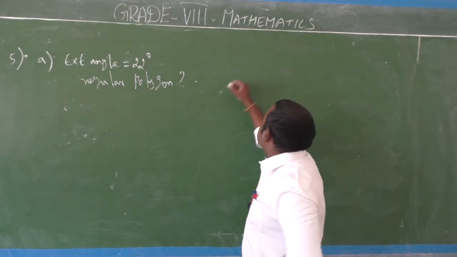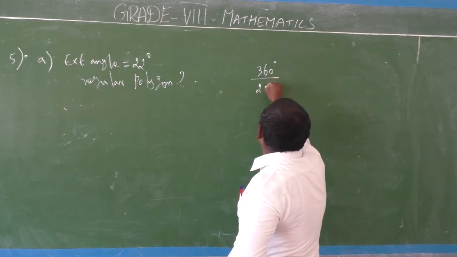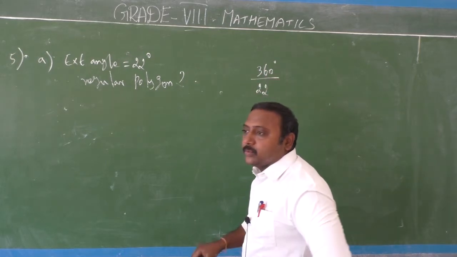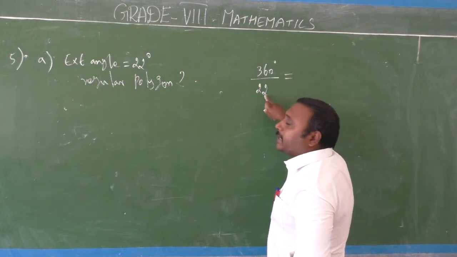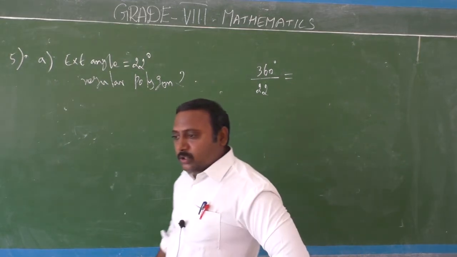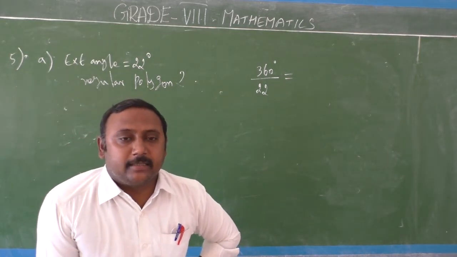So 360 degrees divided by 22. We check whether 22 is a divisor of 360 degrees.